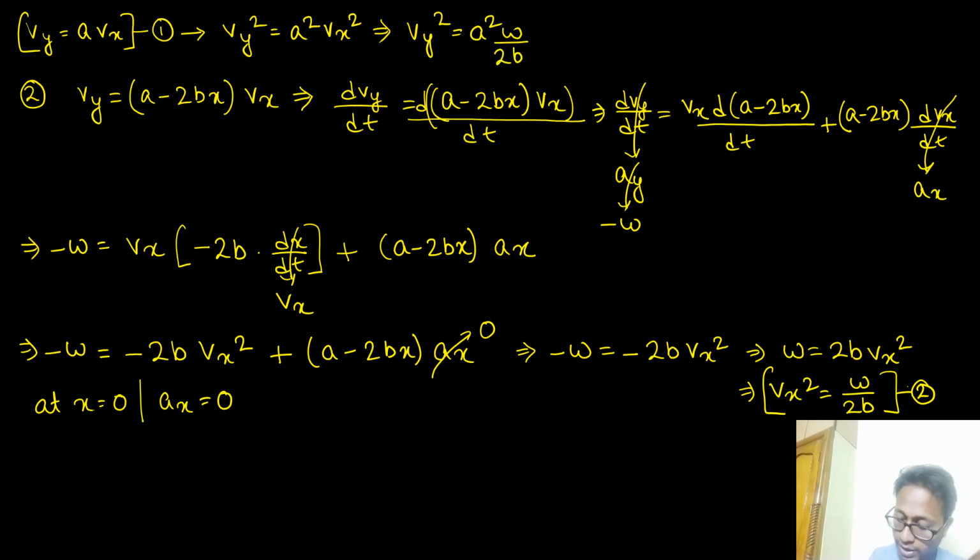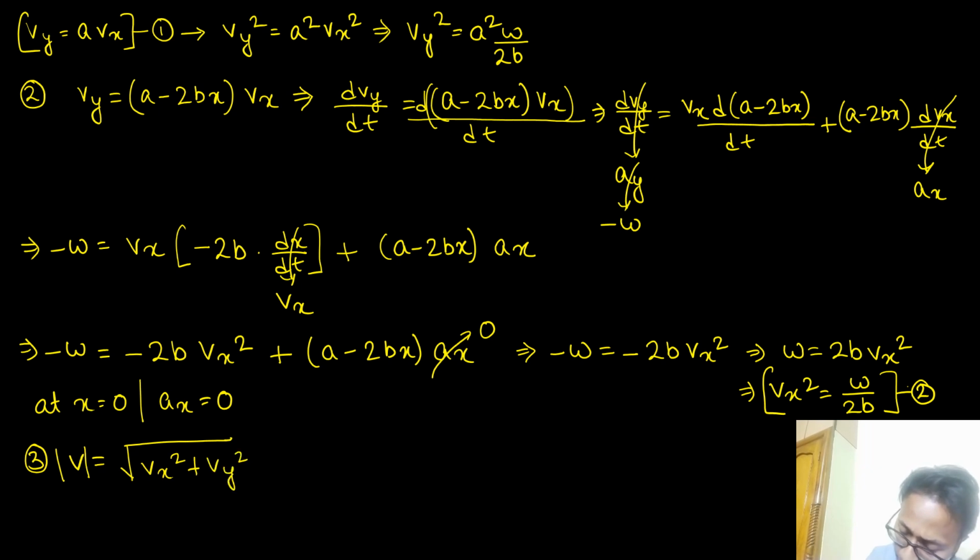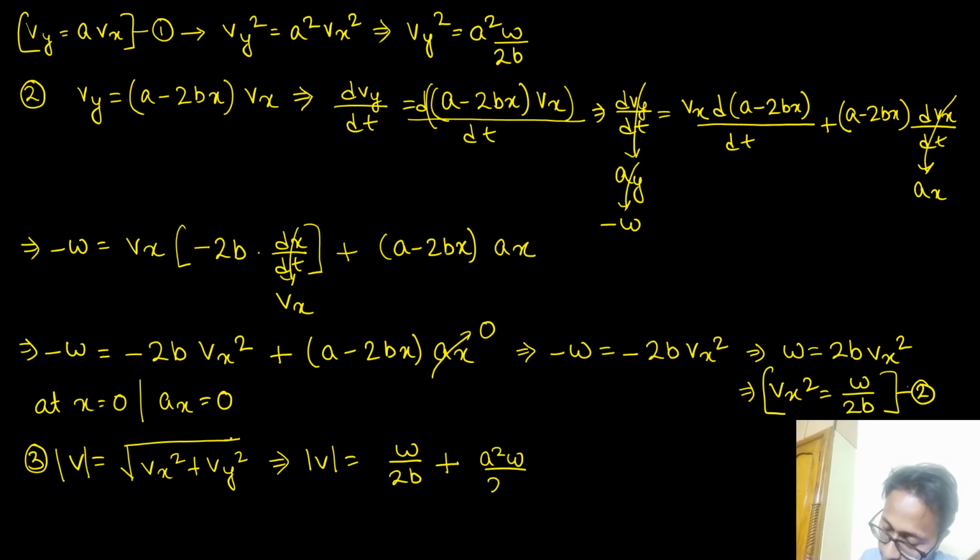Now check one. I have the x component of velocity and the y component of velocity. What is the total velocity? The magnitude of velocity is nothing but root over vx square plus vy square. What is vx square? Vx square is nothing but w by 2b, plus vy square, which is a square w by 2b, under root.